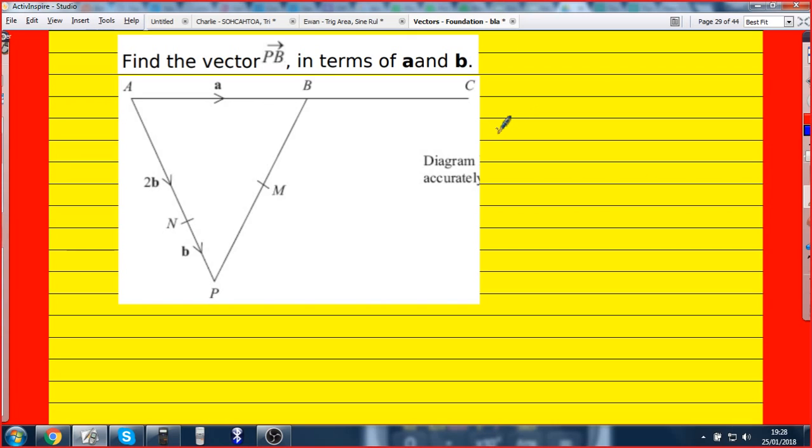Okay, so PA. We're trying to find PB. So first it's P to A, then A to B, so plus AB. Then AP is minus 3B.